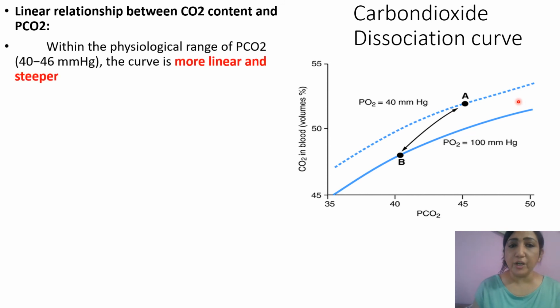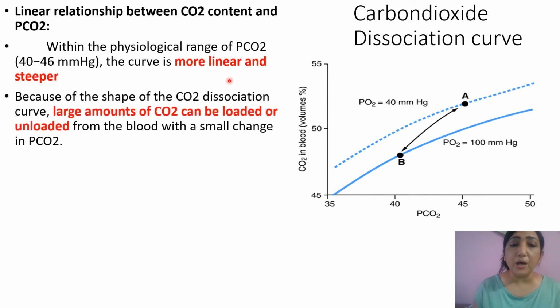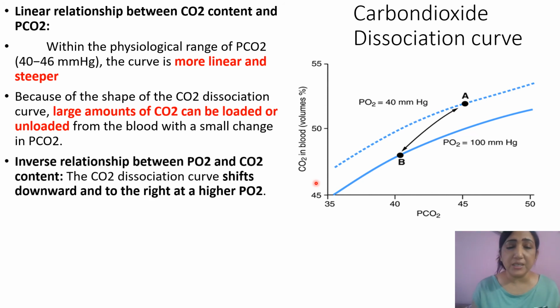Within the physiological limit, 40 to 46 millimeters of mercury, the curve is more linear and steeper. Because of this shape, with a little increase or decrease in carbon dioxide, the loading and unloading with hemoglobin is very fast. It is not like oxygen.